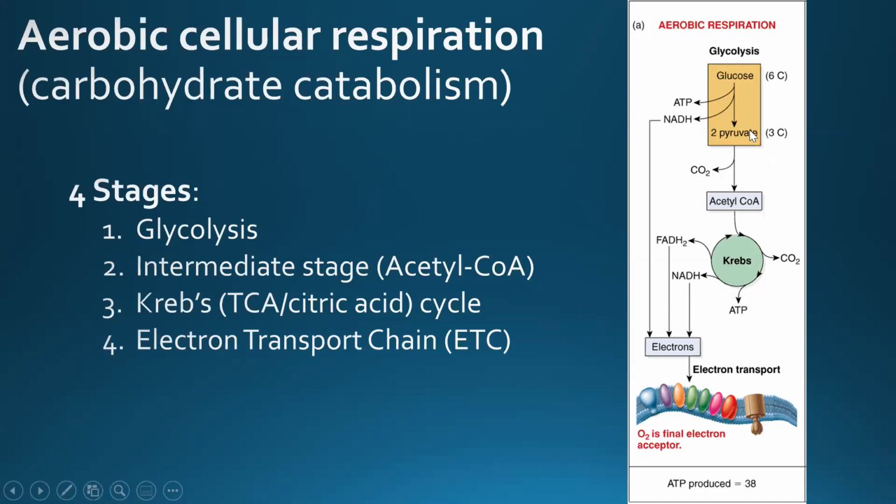Then the 2 pyruvate molecules are going to be oxidized into acetyl-CoA, and then acetyl-CoA will go into the Krebs cycle, and then what you have is the production of electrons from these processes.